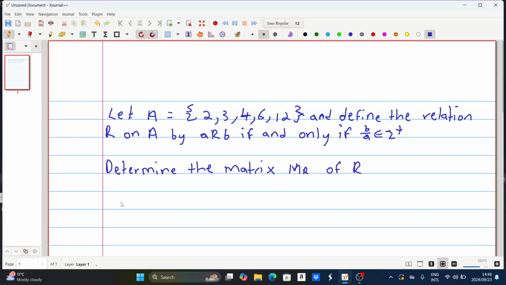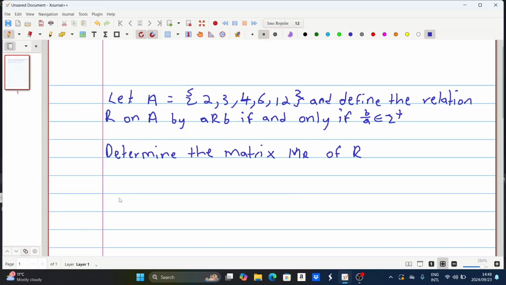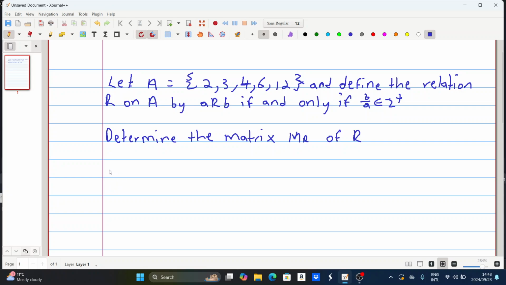So what we can do here to determine the matrix is to write our MR, and then this is the set that we're getting our relation from.